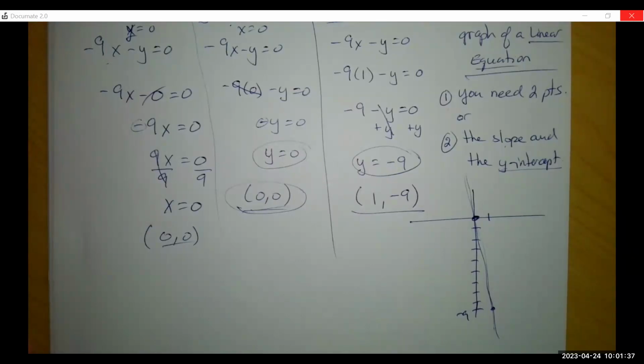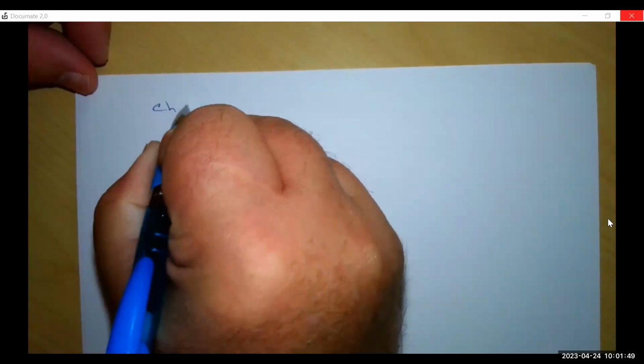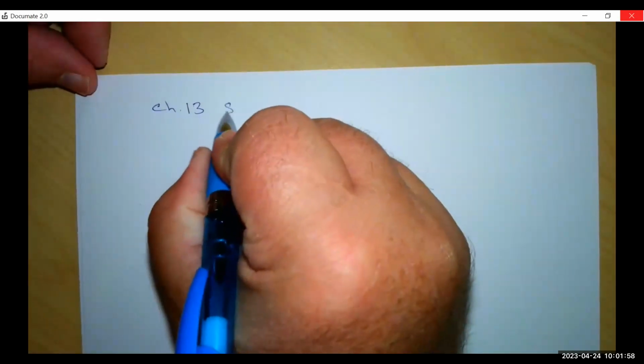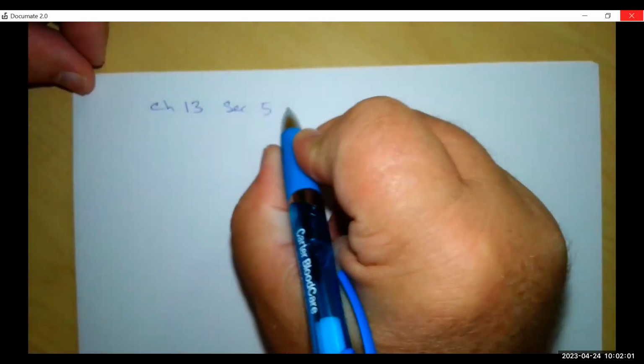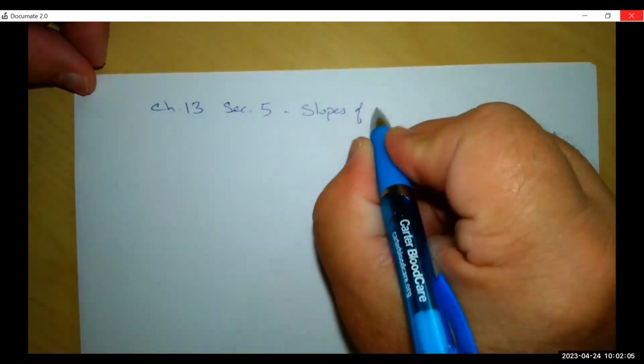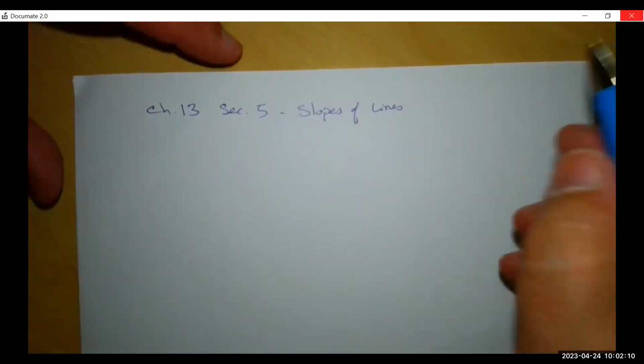Let's look at finding slopes of lines. Chapter 13, section 5. Slopes of lines.